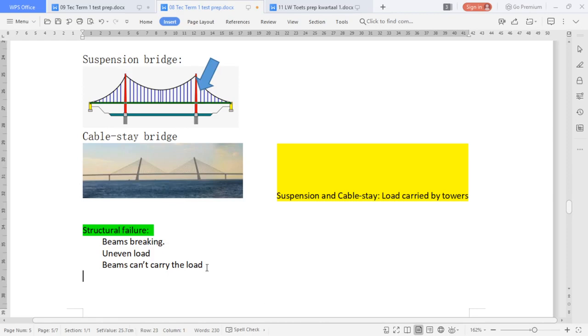It can be anything from the beams not being able to carry a load, and there are tons of reasons why this could be. There are beams breaking. We've got uneven loads, and we can have weak beams if the beams simply aren't strong enough. So there are tons of different examples of structural failure and why they happen. These are just a couple that you can have a look at.